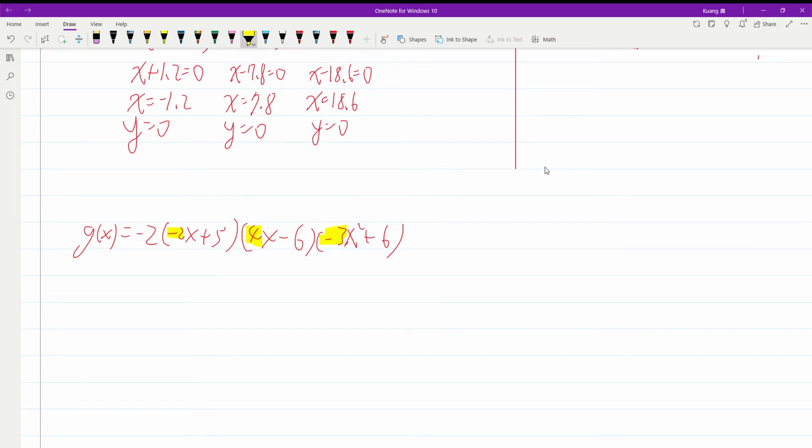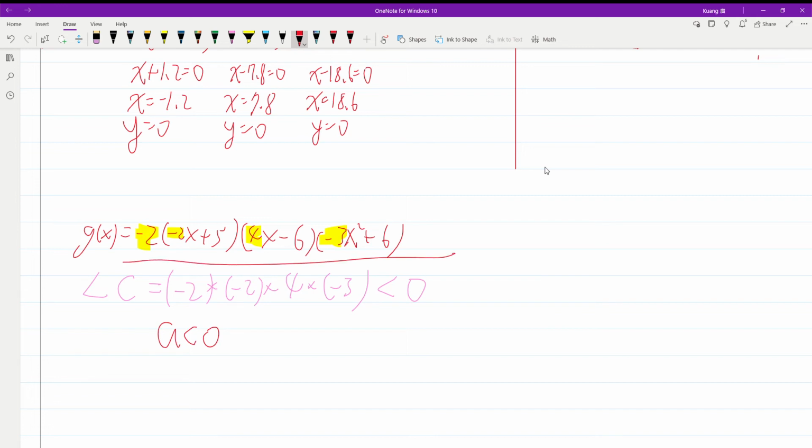So the leading coefficient equals negative 2 times negative 2 times 4 times negative 3. Because we have three negatives and one positive, the result will be less than 0, so the leading coefficient is less than 0.